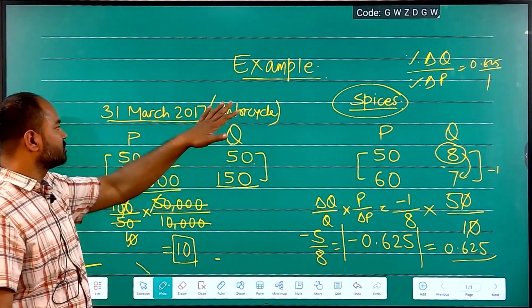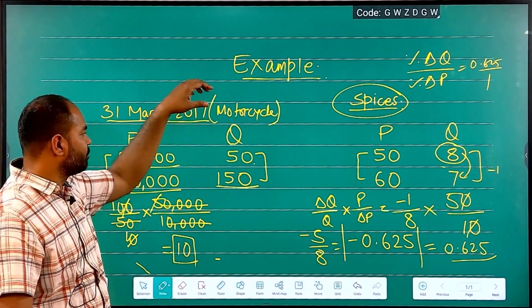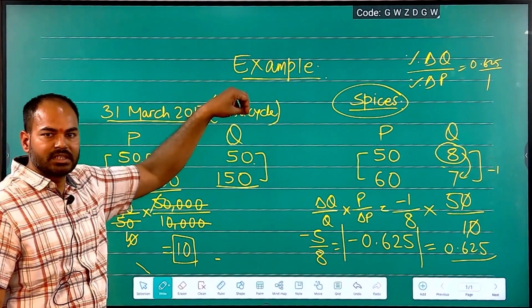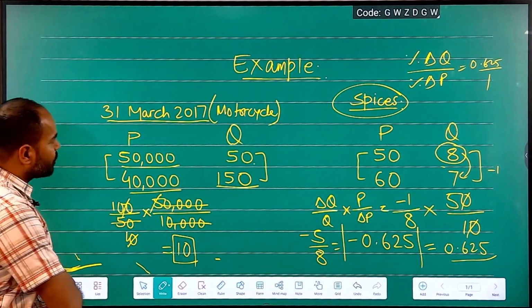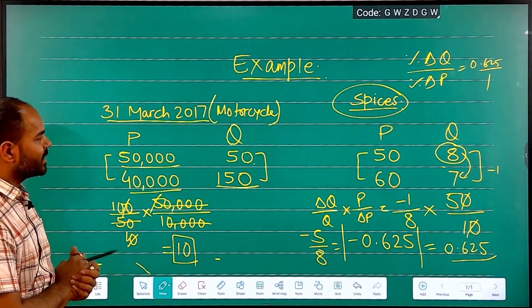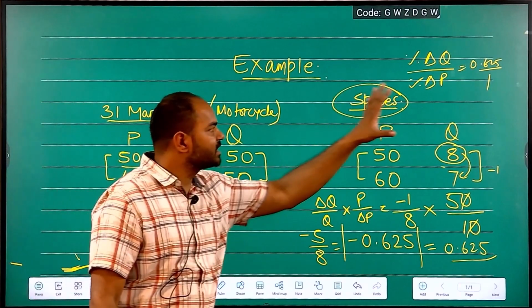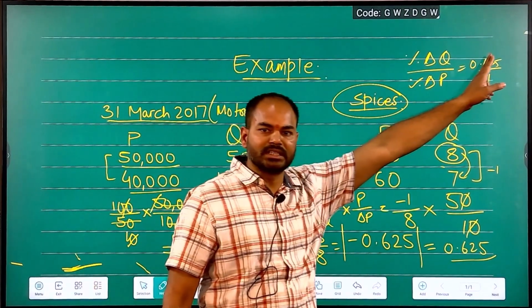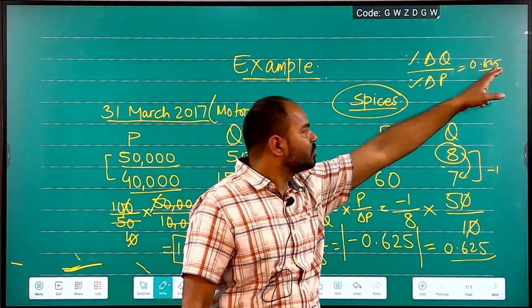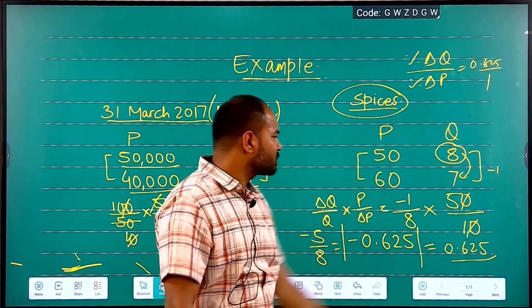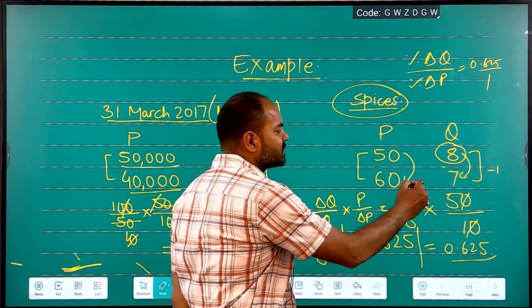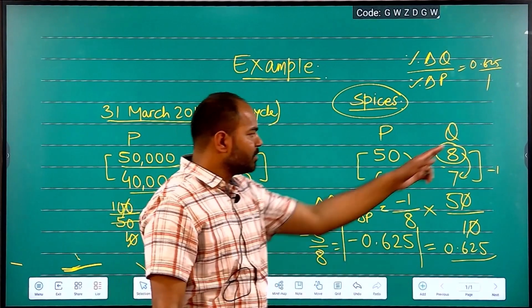And this is not considered as a necessity. It's a kind of luxury. Now, if you look at this, we can say that in case of necessity, the value is quite less, or the value is less than 1. Why this? Because if the price changes, demand also changes.